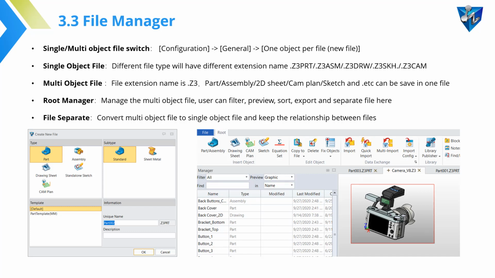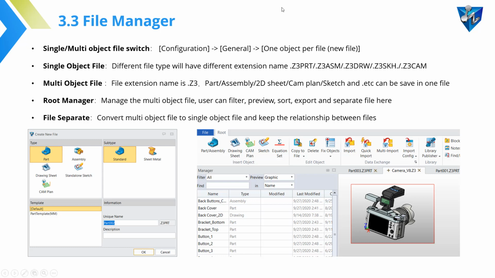Next, I will introduce the File Manager. In ZW3D, we can use either the single object file or multi-object file. You can switch it under the General tab of the configuration menu. So what is a single object file and multi-object file? For the single object file, different file types will have different extension names.